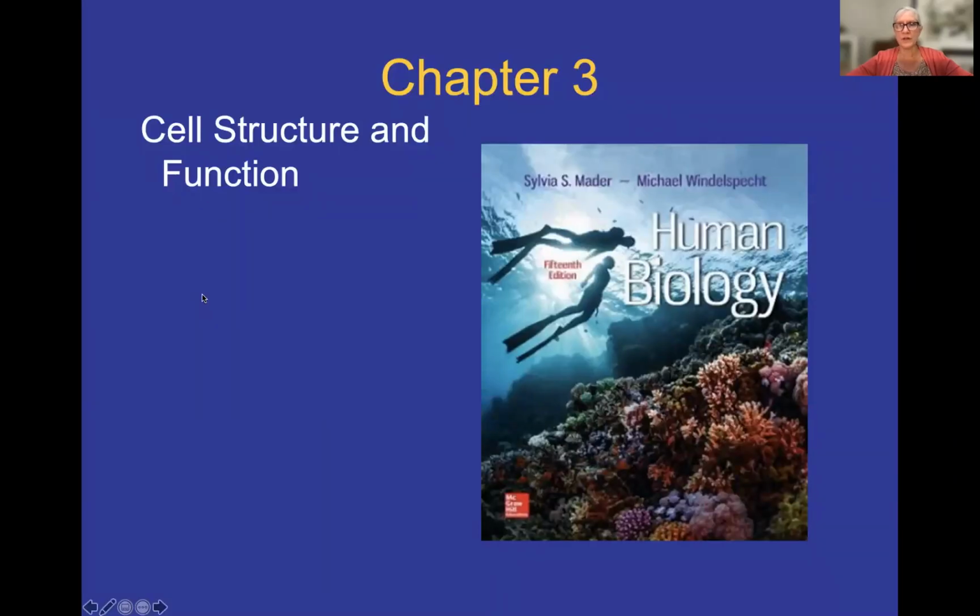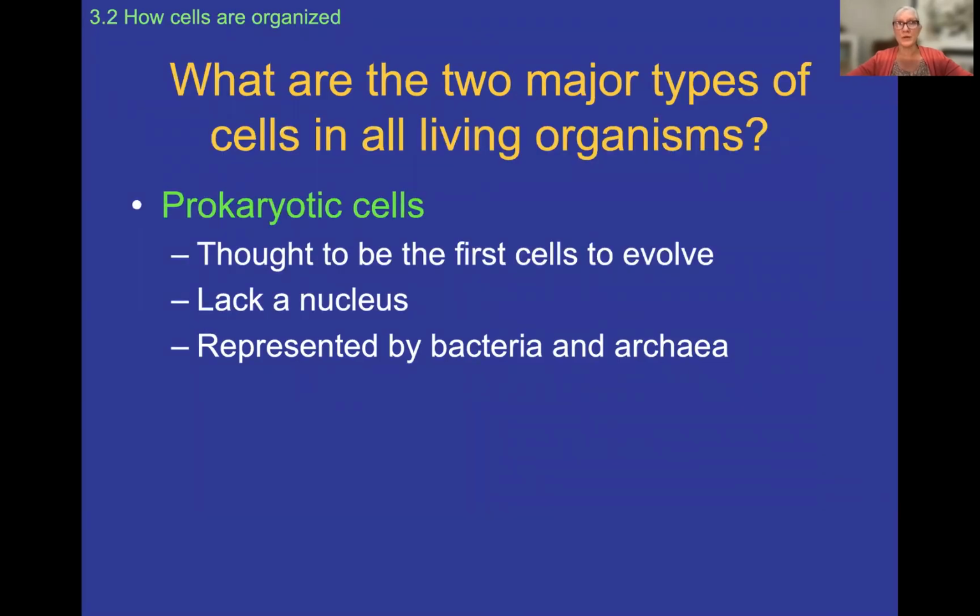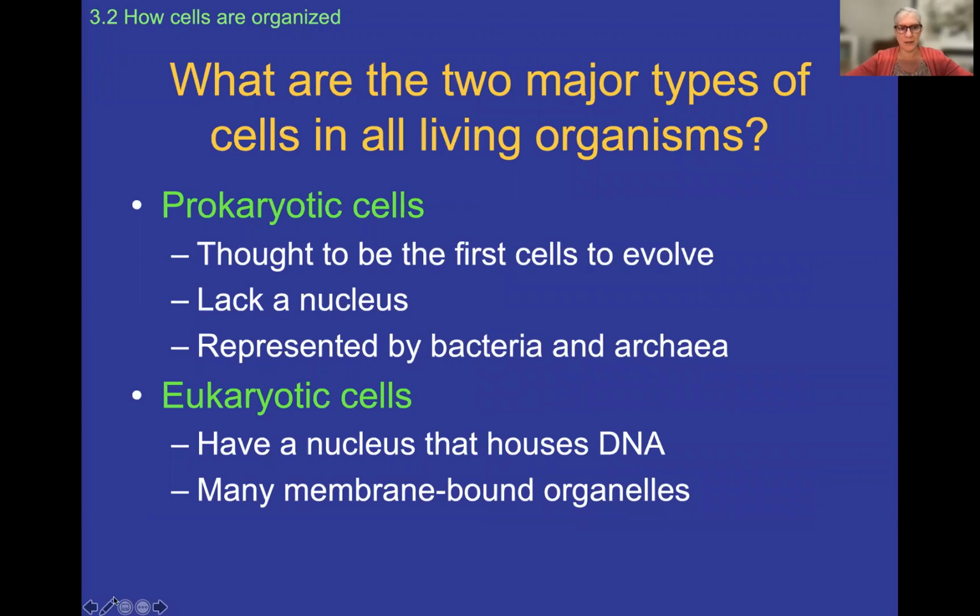And now finishing up the review with chapter 3, cell structure and function. There'll be quite a lot in this chapter that is not on our review because we're not getting into a lot of the details. But to begin with, cells come with the choice, so to speak, to be either a prokaryotic cell or a eukaryotic cell.